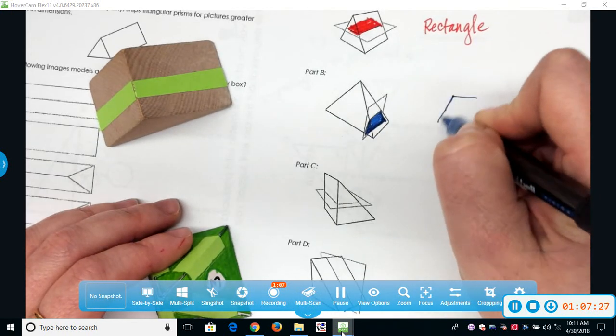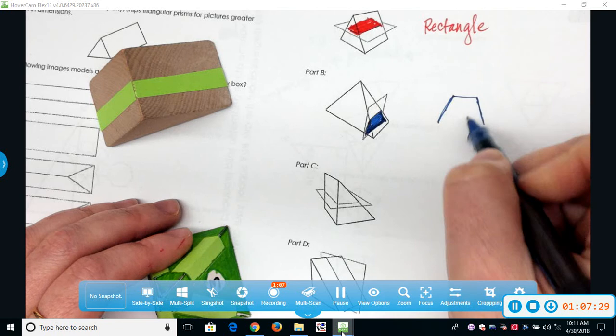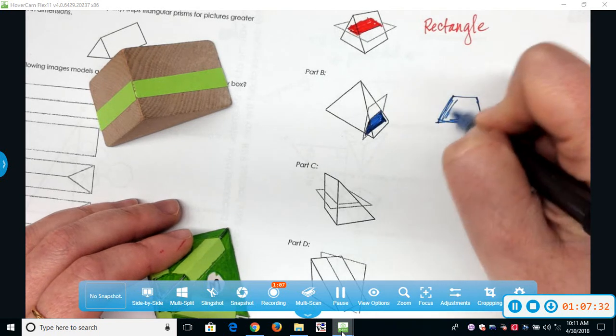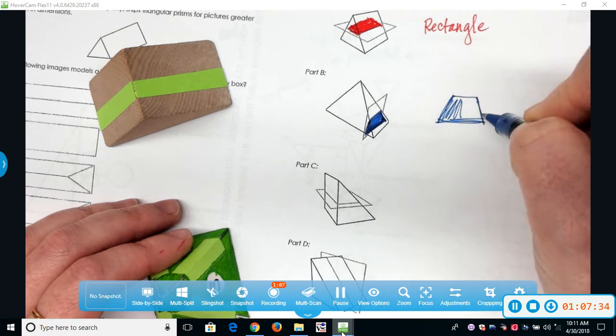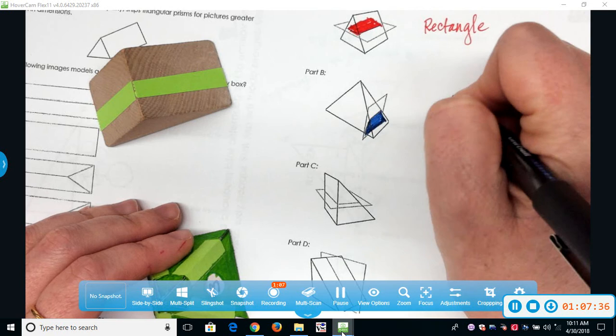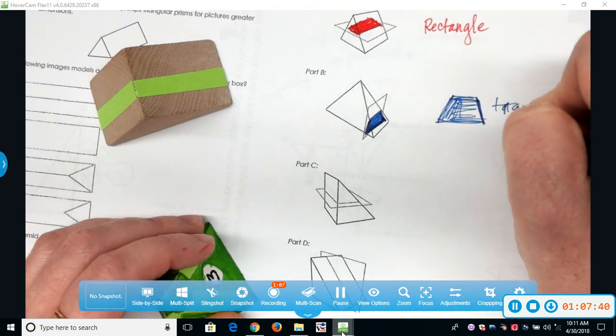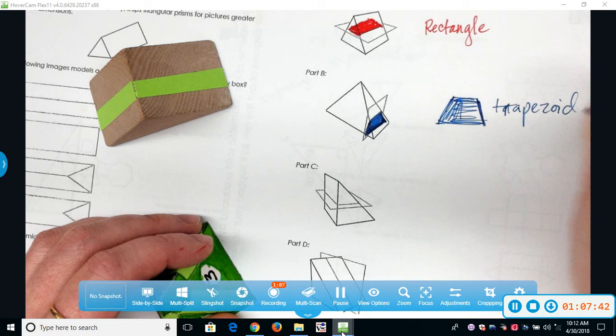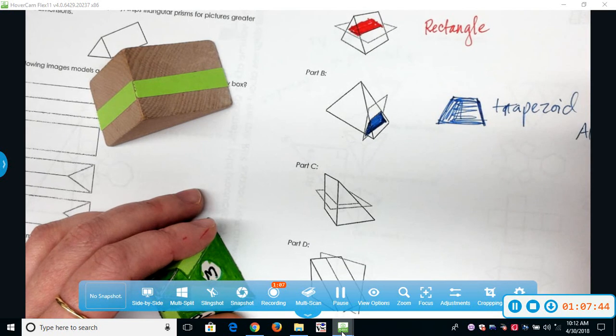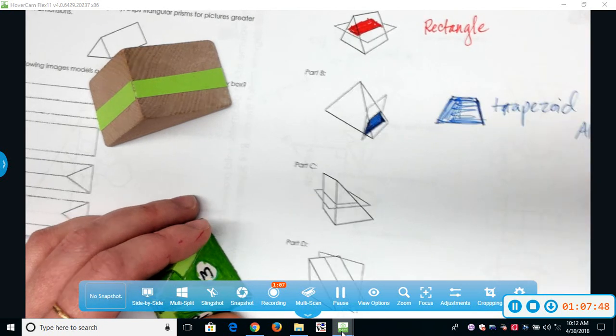It gets skinnier as it goes up. Who said it? Someone said it. Yes. It is a trapezoid. Alexis. Trapezoid. Alexis. Bonus.